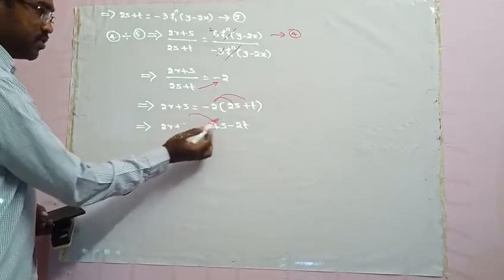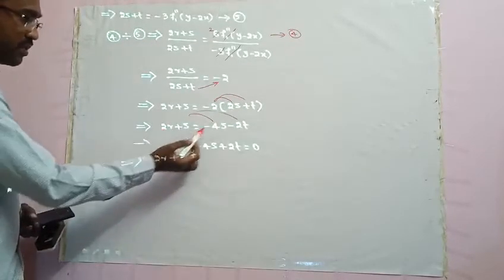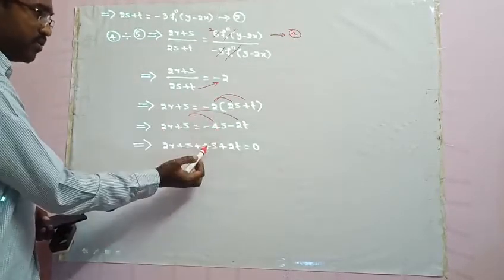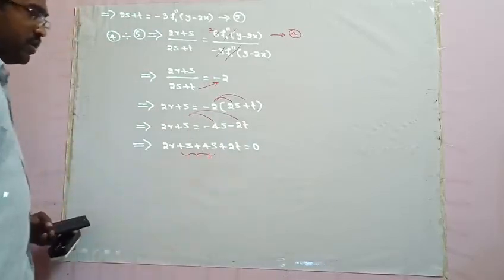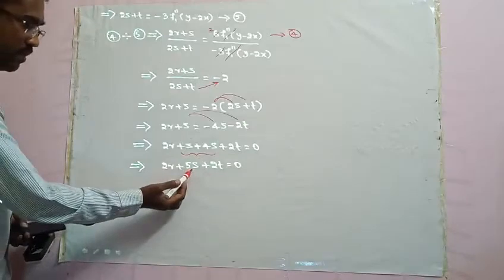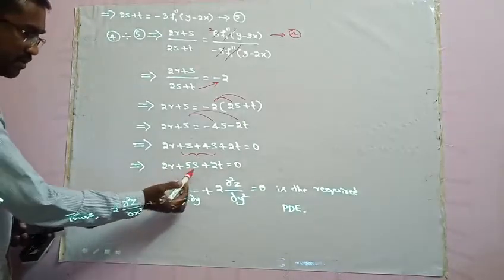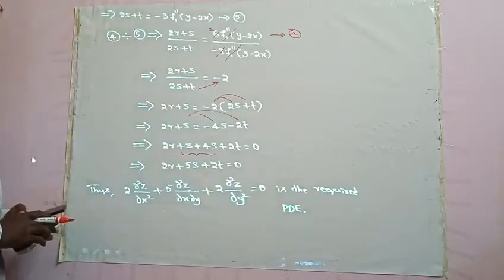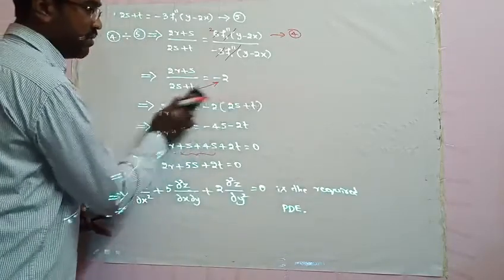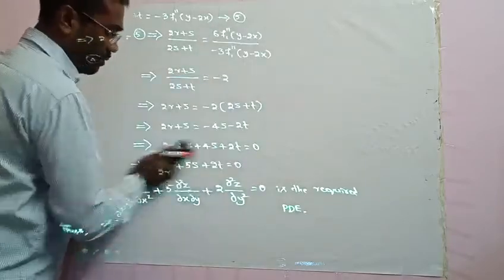Take all the terms to the one side. 2r plus s minus 4s becomes plus 4s plus 2t. S plus 4s is 5s. Now write the notations. R as this, s as this, and t as this is the required PDE. So this is how we eliminate the arbitrary functions to get our required PDE.